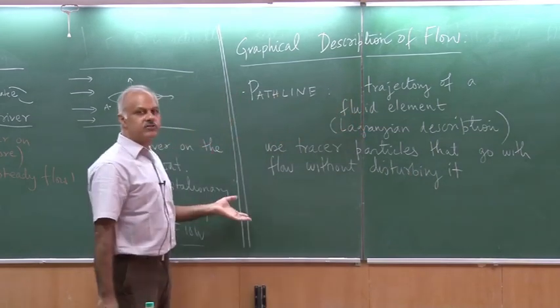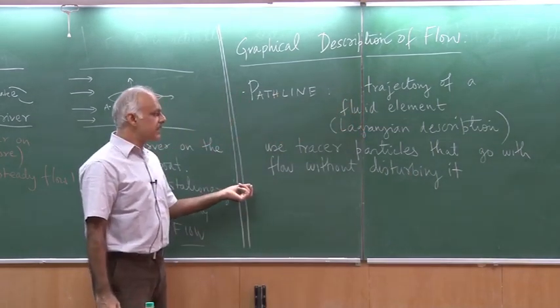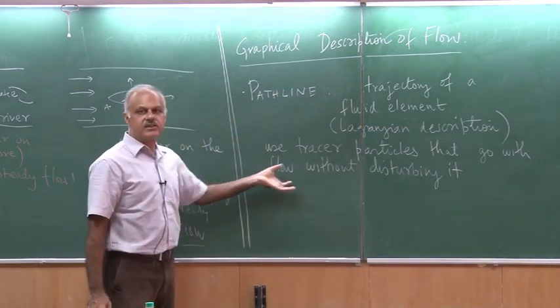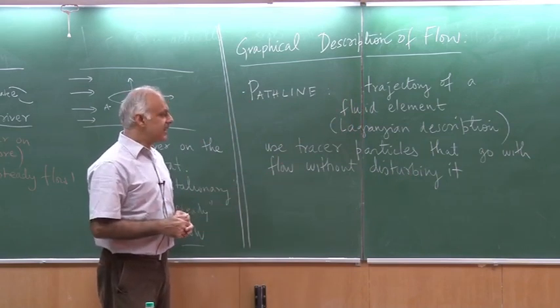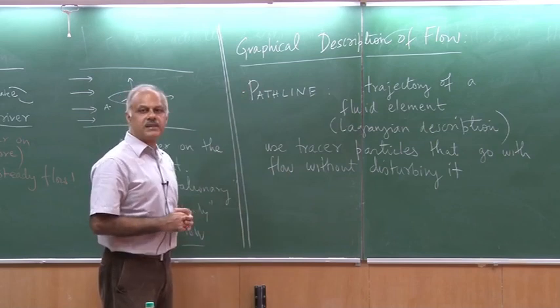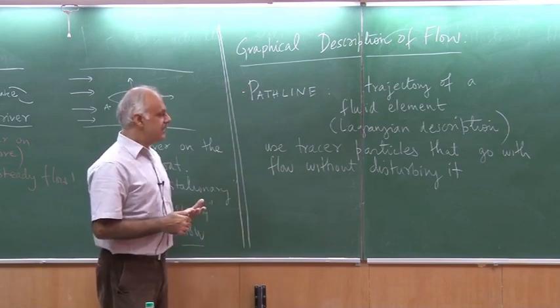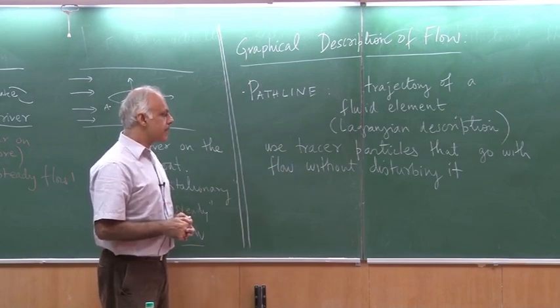So if I have a certain flow, I could inject some particles and then they are carried with the fluid elements and I can track them with a camera or some such thing and I would be able to see what a path line is. This is extremely useful. Then I can understand a little bit about the behavior of the flow.